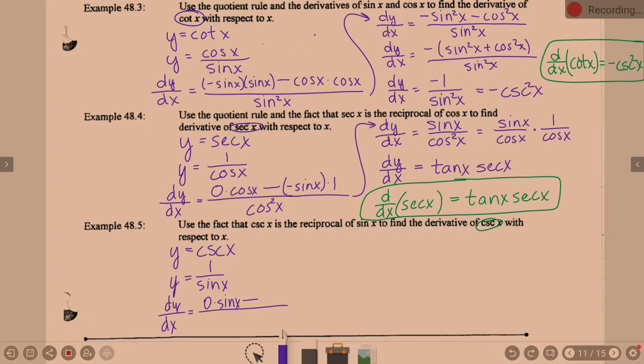Derivative of sine x is cosine x times the numerator. All over denominator squared.